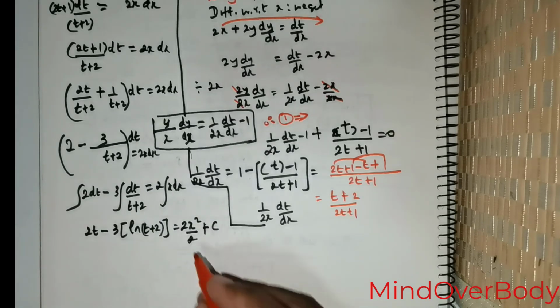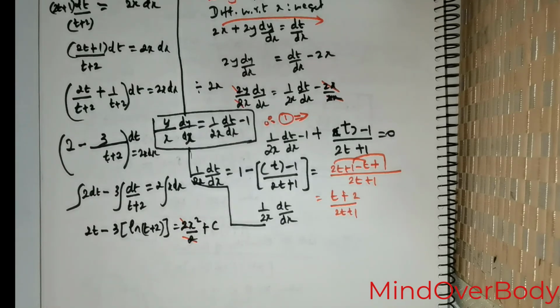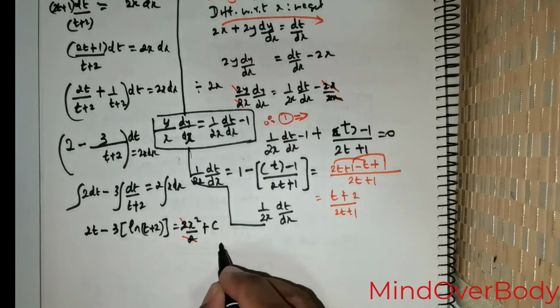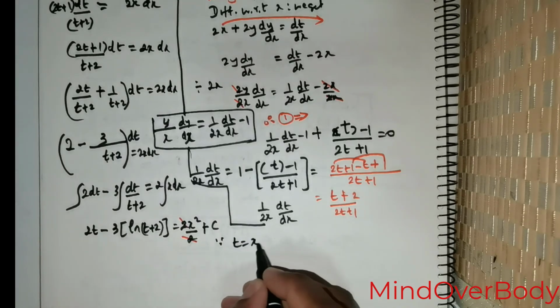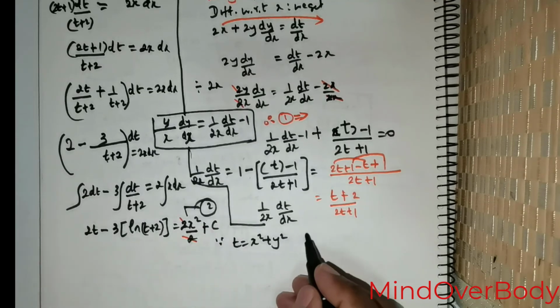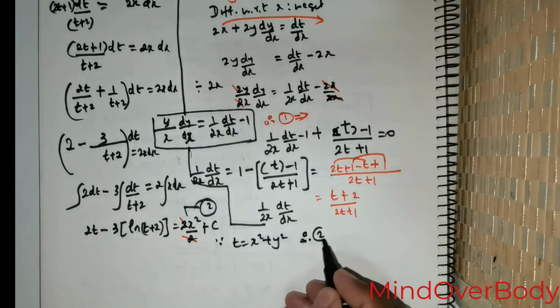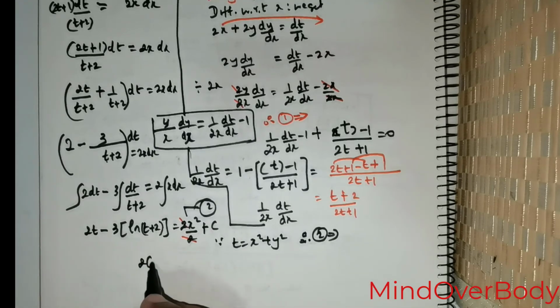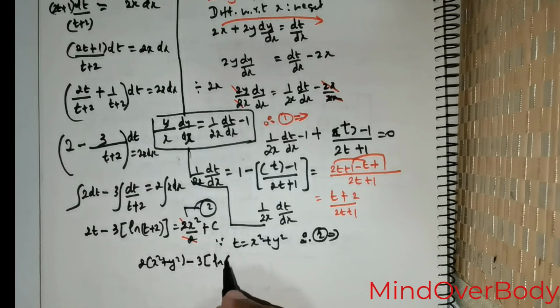Now I can cancel this, and then I will have to make some changes. I need to get rid of this t. Since t is equal to x squared positive y squared, 2t can be rewritten as 2 times x squared positive y squared negative 3 times ln.